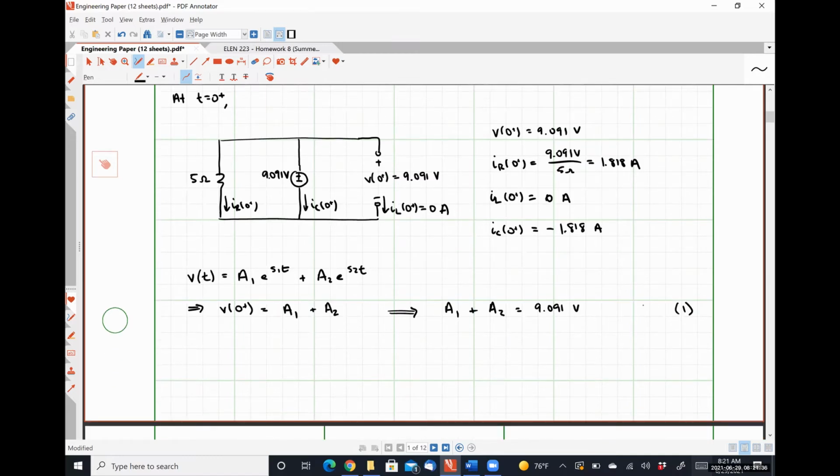Now I'm going to use my derivative-based relationship. IC of t is equal to C dV by dt, which is then C times S1 A1 e to the S1 t plus S2 A2 e to the S2 t.